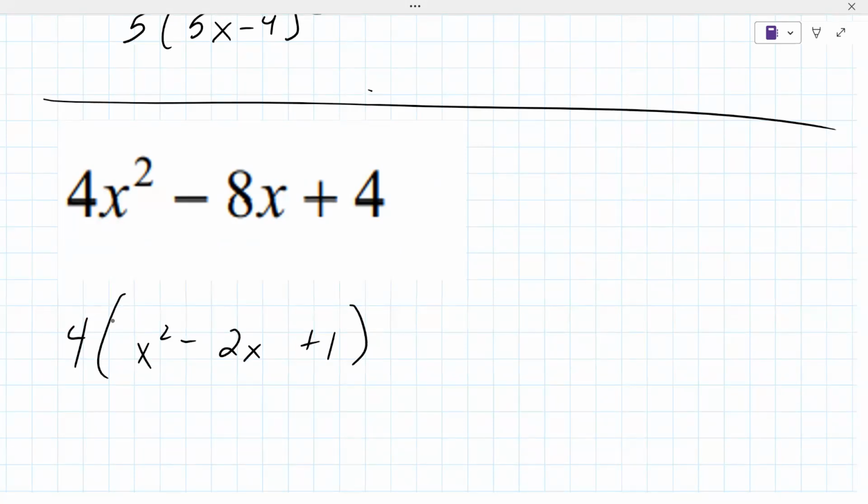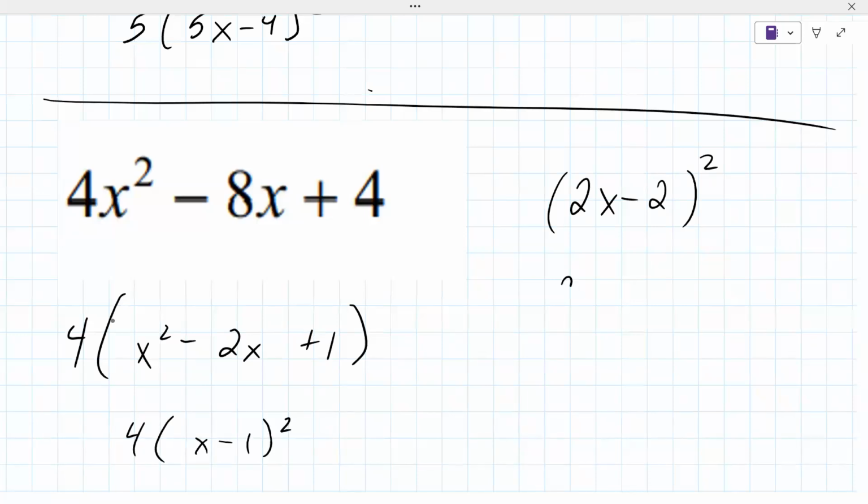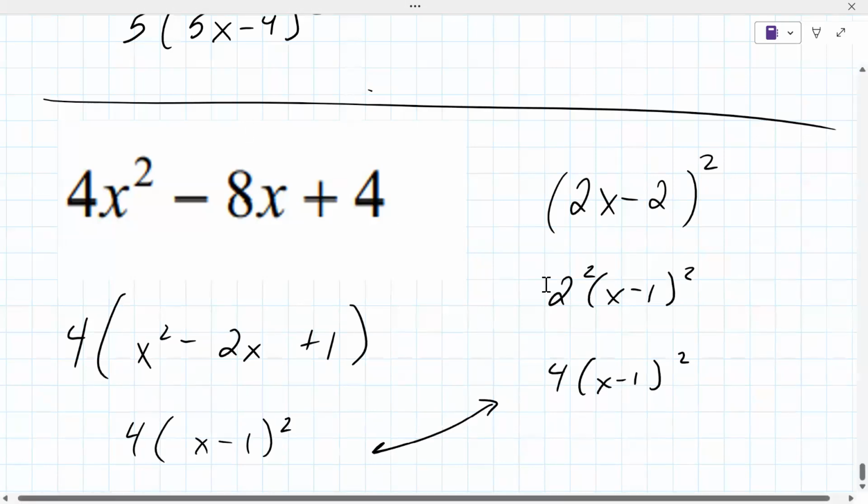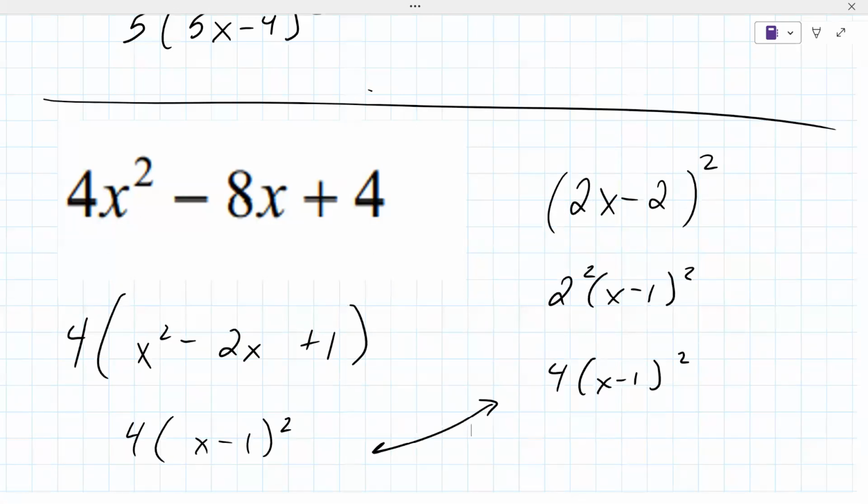Yes, but this is not fully factored. Oh, because you can divide it again? Yeah, it's really 2 times x minus 1 squared gets you 4x minus 1 squared. Oh, I see. It's correct, but it's not preferred. I understand. You did well seeing that though, because it's not wrong. It's just that you really should look for the GCF first. Oh, my bad. All right, no, you did great.